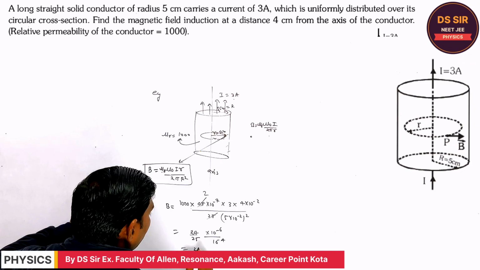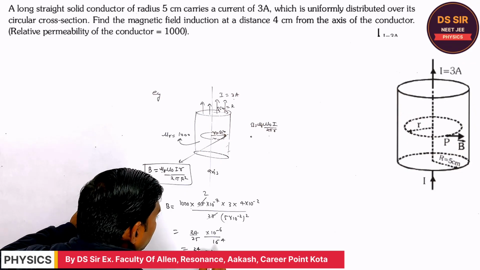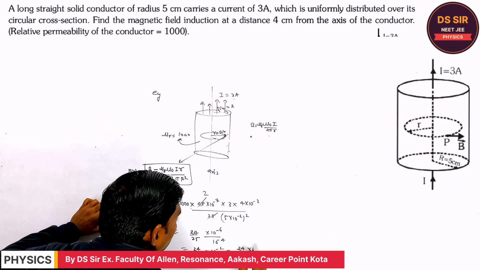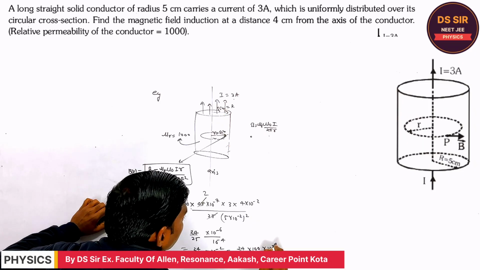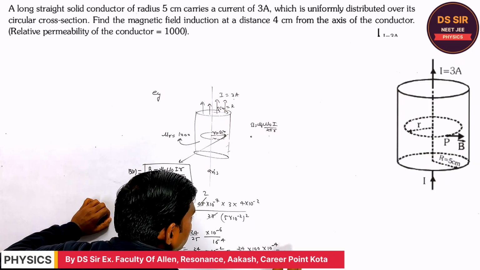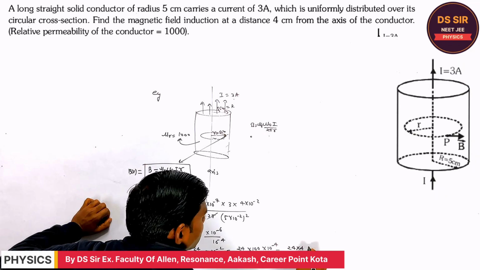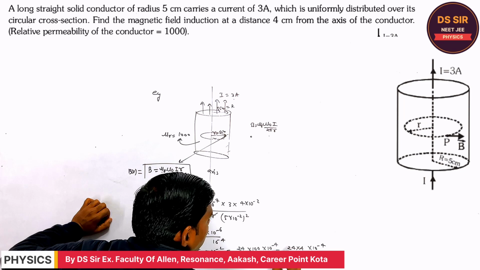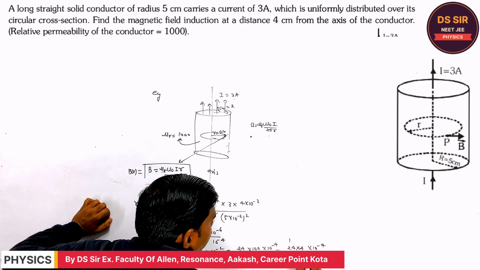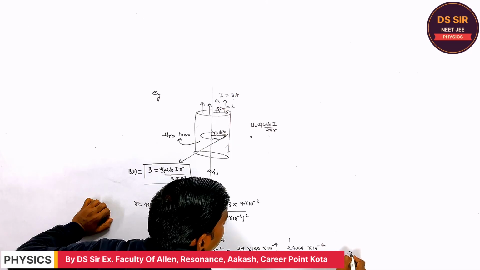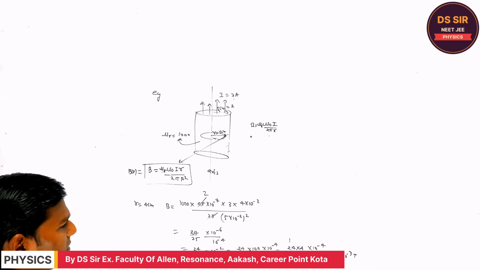It is 24 upon 25 into 10 to the power minus 2. It is 24 upon 25 into 100 into 10 to the power minus 4, right? 24 into 4 into 10 to the power minus 4, right? 4 times 24 is 96. So 9.6 into 10 to the power minus 3 Tesla is the correct answer, right?